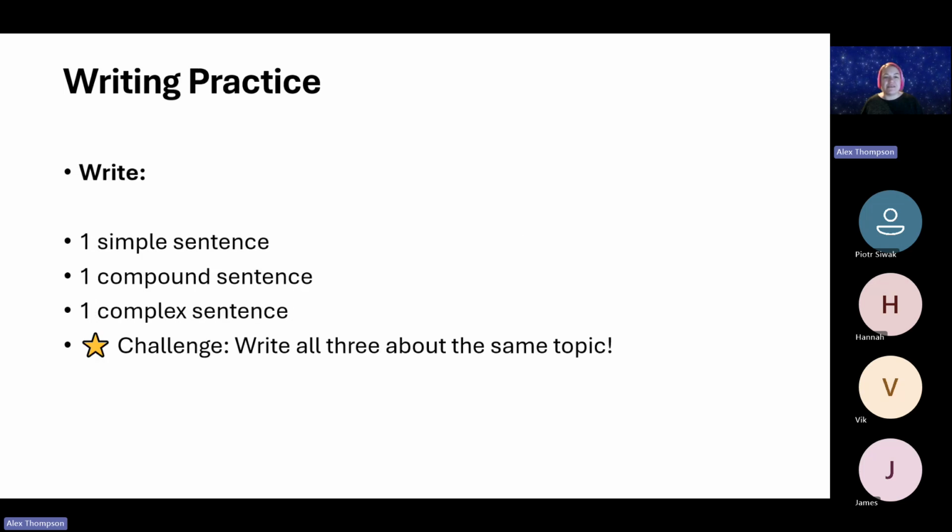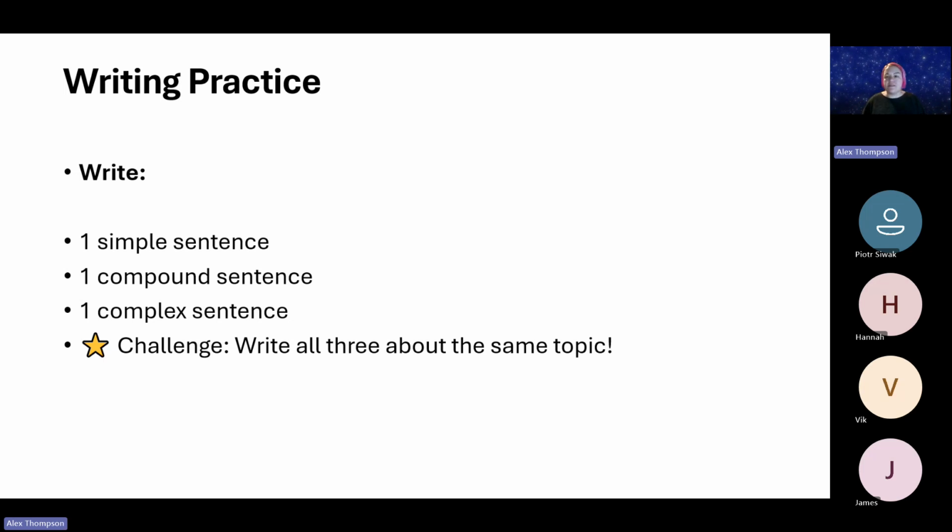Again, the next activity that I put on here: come up with your own examples. Have a think about one simple sentence. The easiest ones are where we talk about ourselves. I like dogs. He walked to the shop. They spoke Spanish.